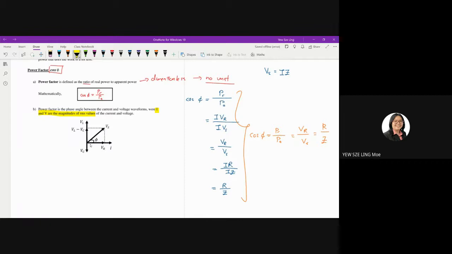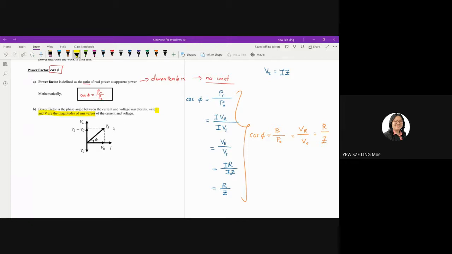From the phasor diagram, you will know how to calculate source voltage, how to calculate impedance, and how to get the values of phase angle. And right now, there's one more thing that can be calculated using the phasor diagram, which is the power factor.